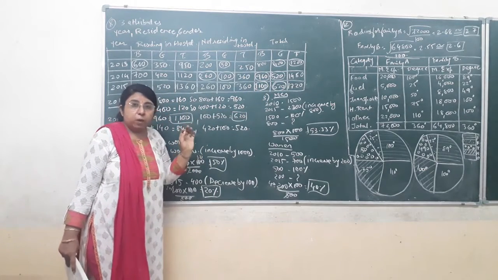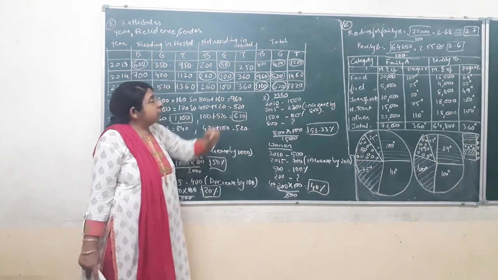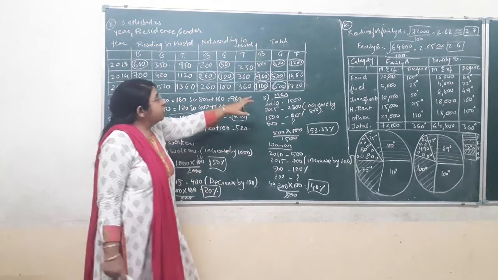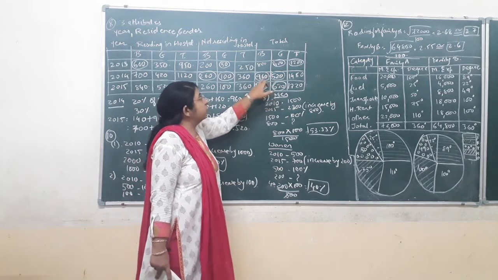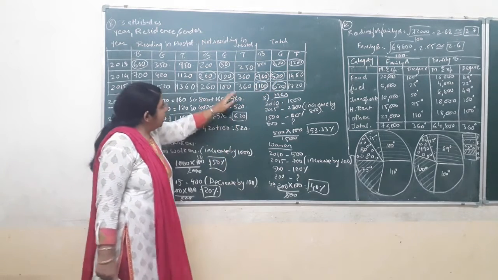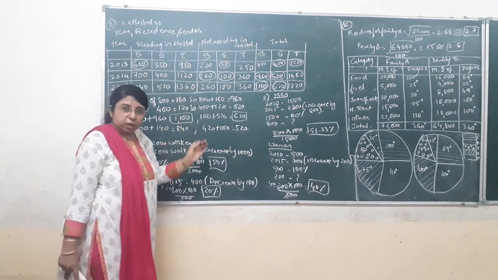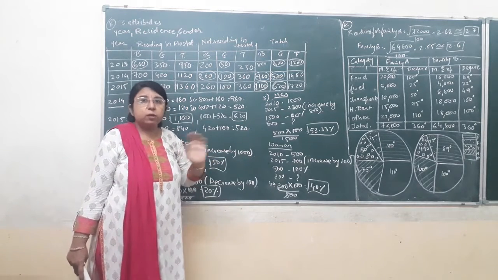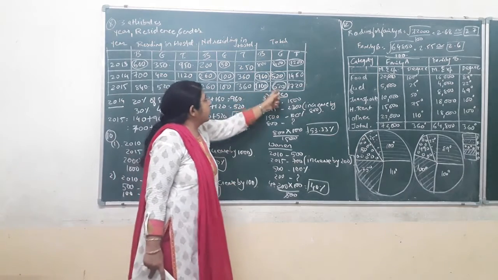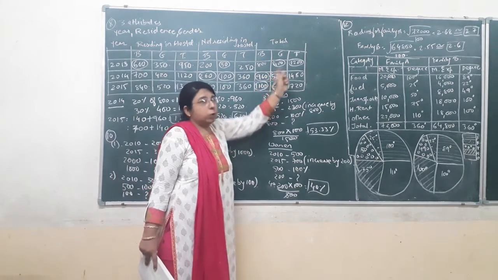Why have I drawn circles on some of the numbers? The reason for that is it suggests that these values are already given in your question, and remaining values without any kind of circle represent that we have found out those values. So easily you can distinguish that these data have been given to you in the question.